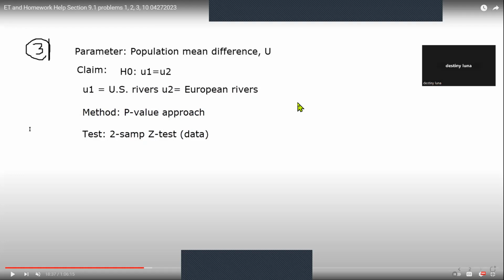You have 2 options. That's going to be data and statistics. The rest of the problems on here have to deal with statistics. This one is data. You want to be sure to indicate that. Then when it says test, this is the name of the test in your calculator, 2-sample z-test, and you're using data for it. Okay.